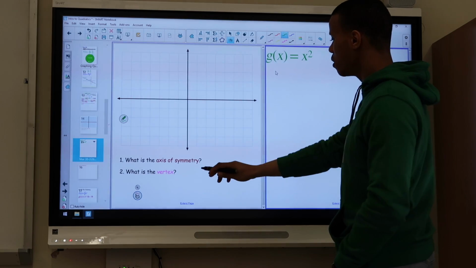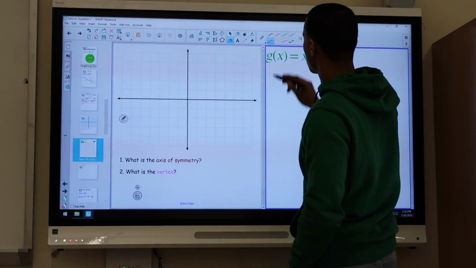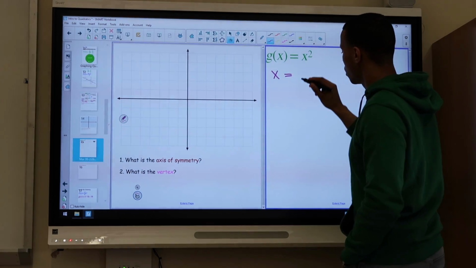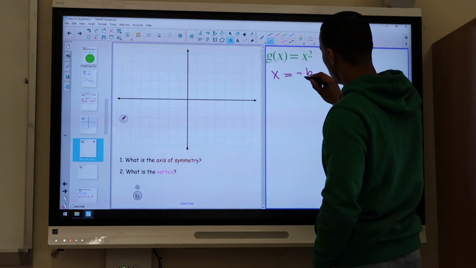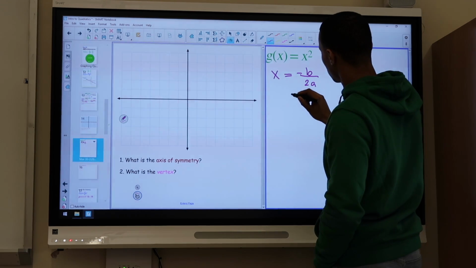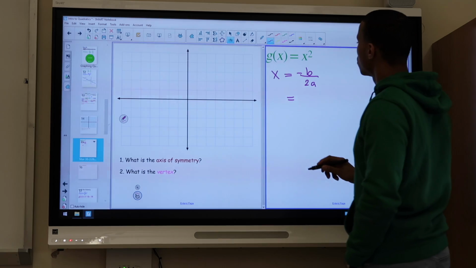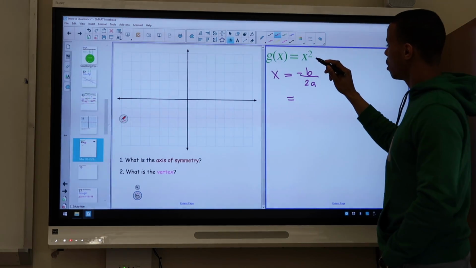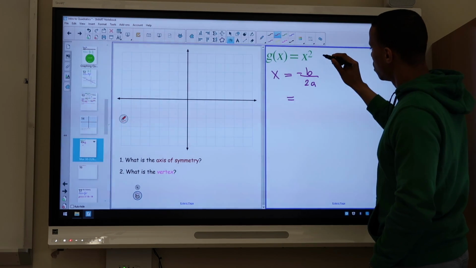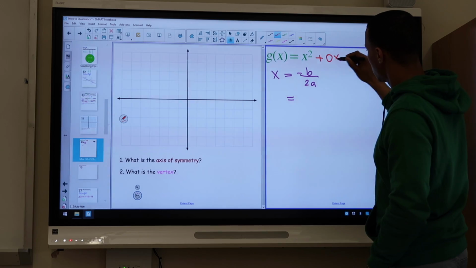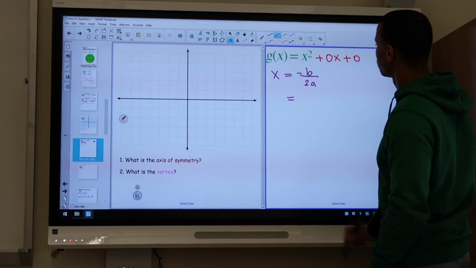Now, let's see if we can graph f of x equals x squared, okay? There we go. The first thing I want to do is find my axis of symmetry. Remember, the axis of symmetry is x equals negative b divided by 2a, right? Now, look at this. Actually, I can write this as x squared plus 0x plus 0.